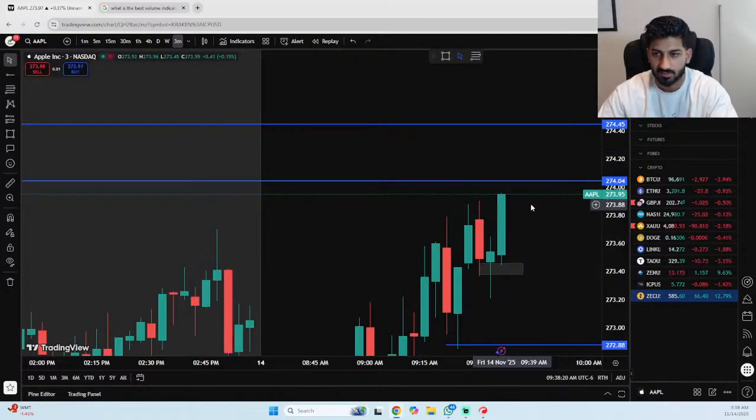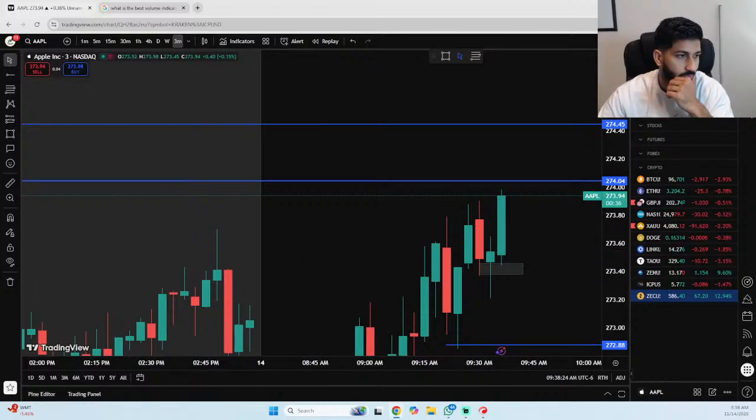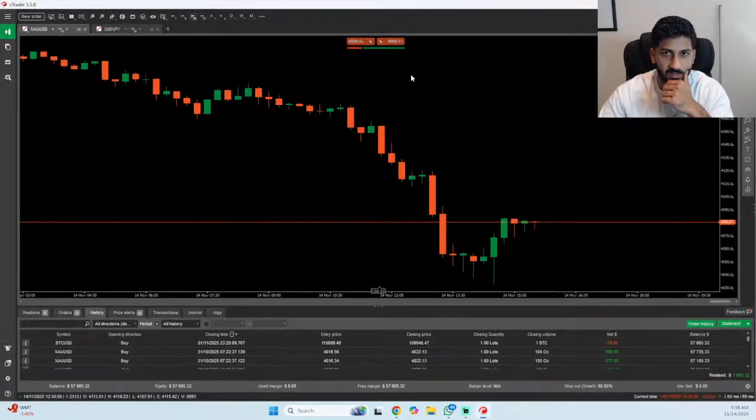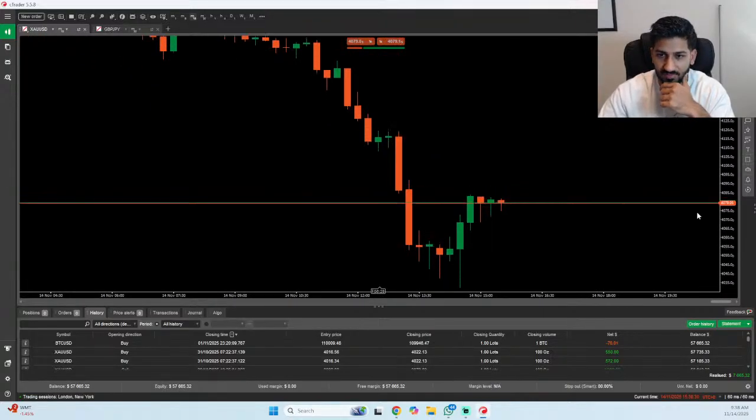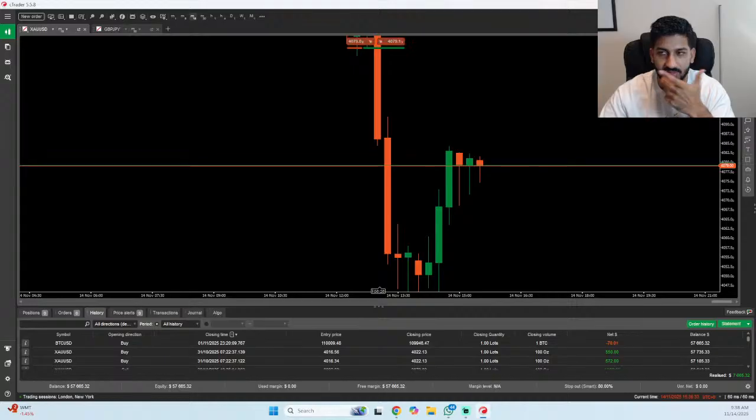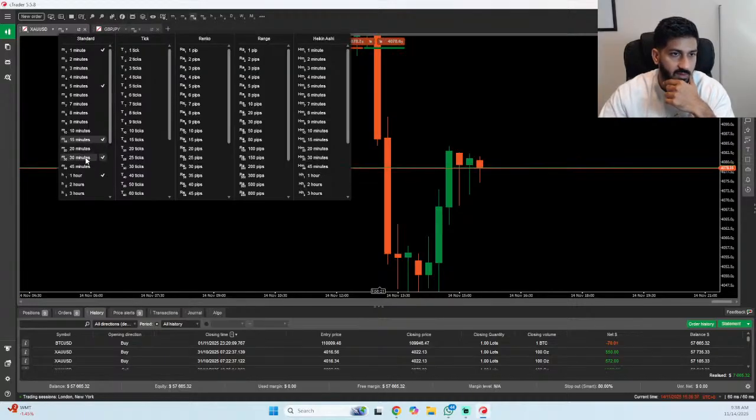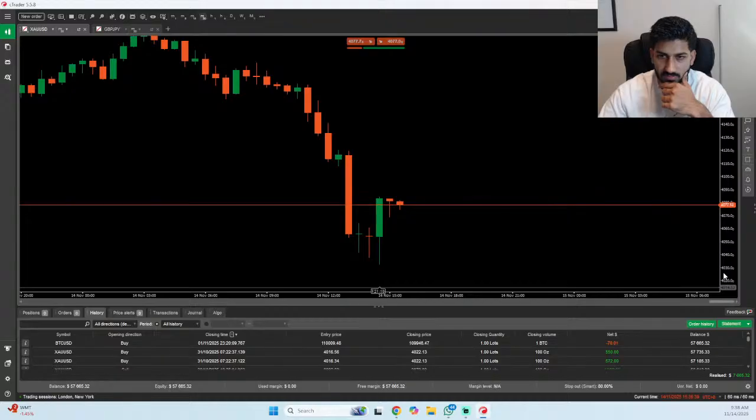I don't know how much this can move because I'm not familiar with it. Let's see, this is still pushing up. And on gold, it's just consolidating. We made such a big move, but now it's just consolidating, so there's not really a lot of data for you to read.